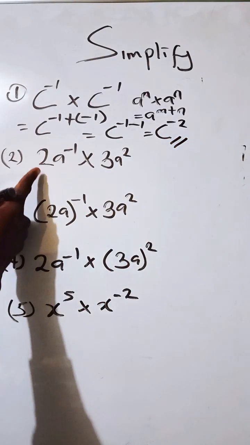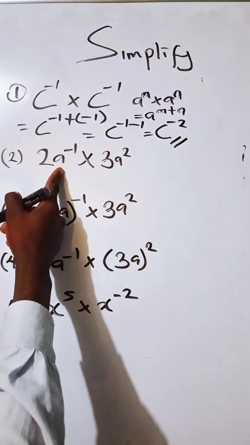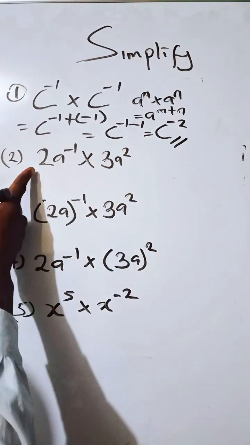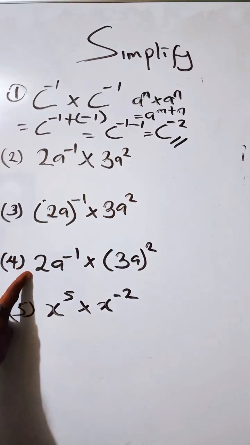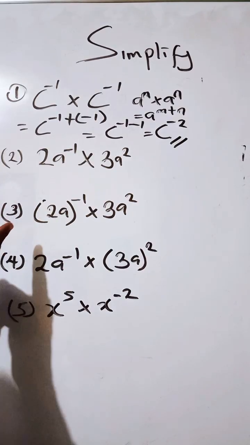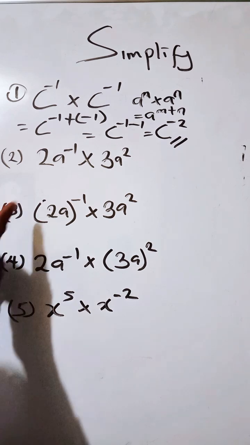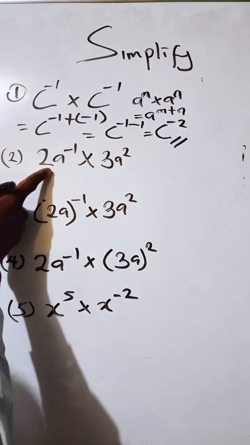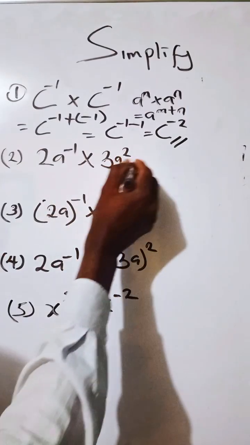Now when we look at this, we have 2a raised to power minus 1 times 3a raised to power 2. The expressions look alike, but the grouping differs, so we have to take our time and look for the difference between these expressions.